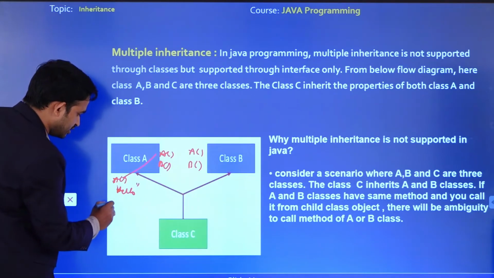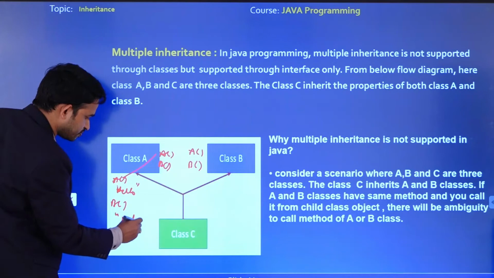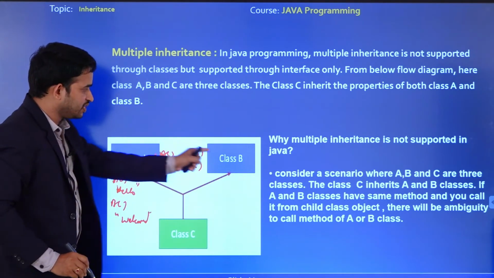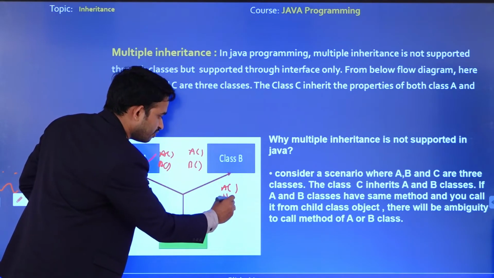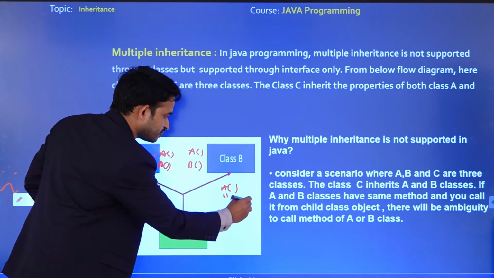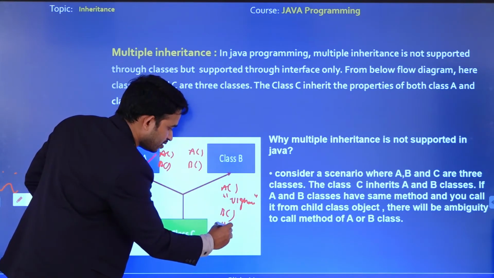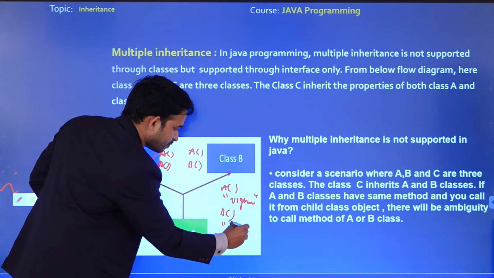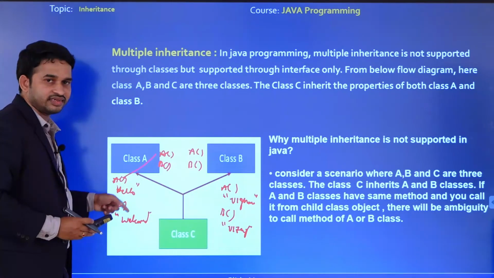Inside B method, I am writing welcome. Same thing here. Inside A method in the class B, I am declaring Vignan. Inside B method, I declared, for example, Vizag. Method names are same, but inside the content is different.